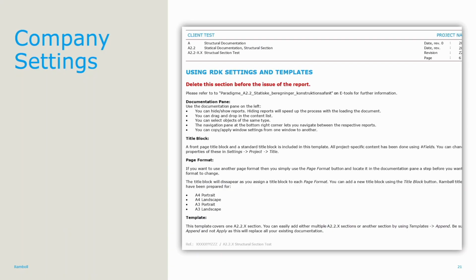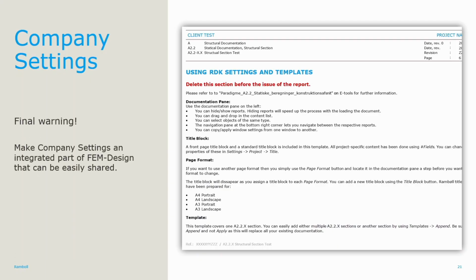Next one is company settings. Last year we presented that we've aligned all of RAMBOLL to the company settings in FemDesign, but I'm going to give you a final warning. We need it as an integrated part, and I've said that for 2 years now.